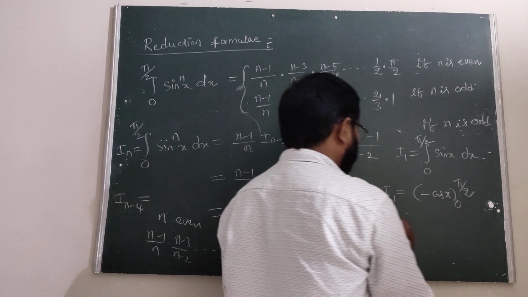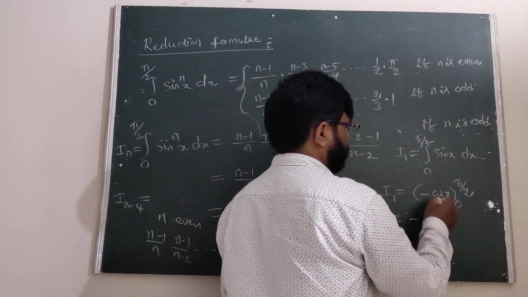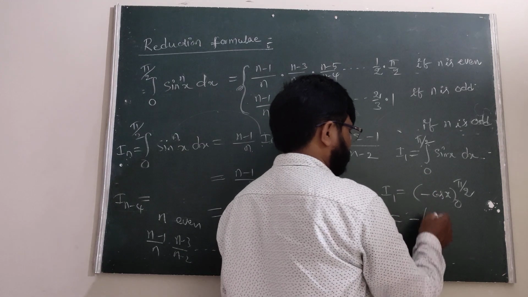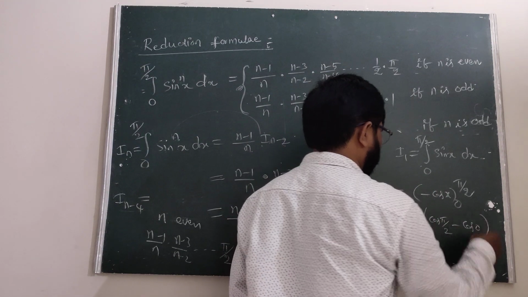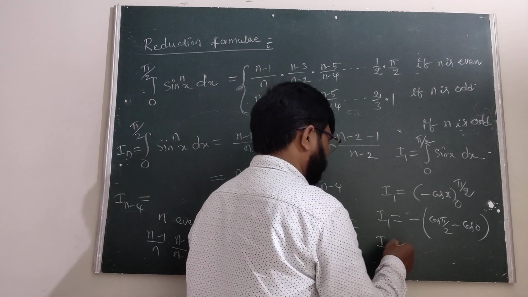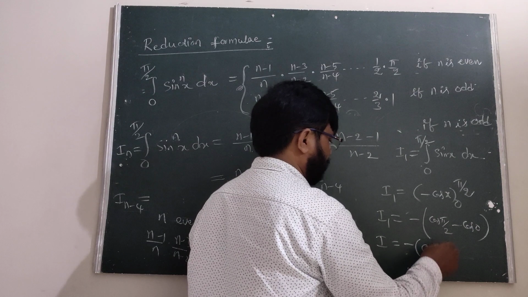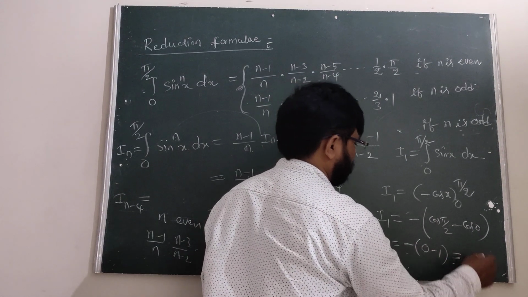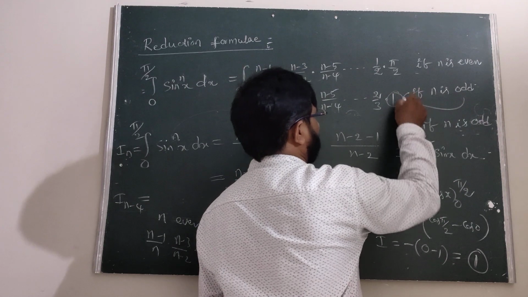So I1 equals minus, first write the minus outside, cos of pi by 2 minus cos of 0. Now that is minus of cos 90 minus cos 0, which is minus of 0 minus 1, that is plus 1. We got the last one as 1. If n is odd, we get 1.